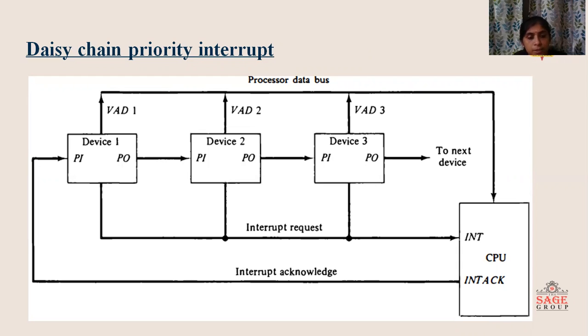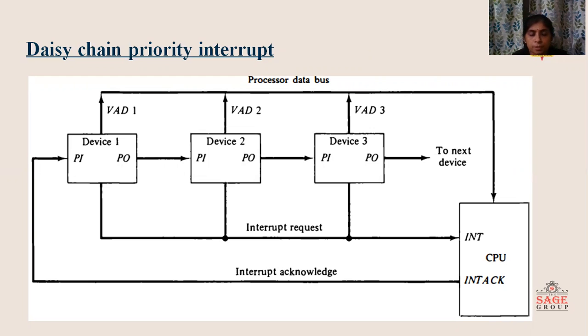Then device 1 is connected in serial order with device 2, and device 2's output is given as an input to device 3, and device 3's output can be given to the next device. All the vector addresses of device 1, device 2, and device 3 are given as an input to the CPU.